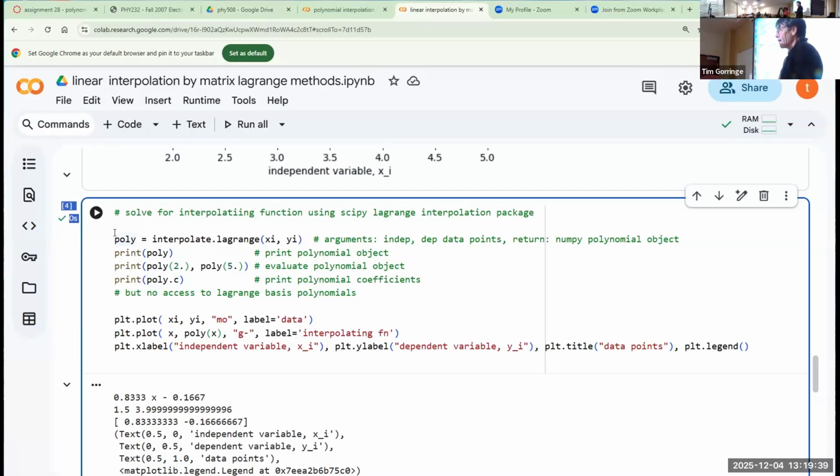When you call it, you give it the arrays containing your data points, an array of the independent variable and the dependent variable. So the xi's and the yi's, those are the arguments. And then it returns the interpolating polynomial.